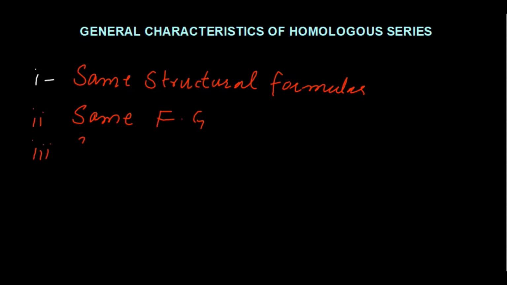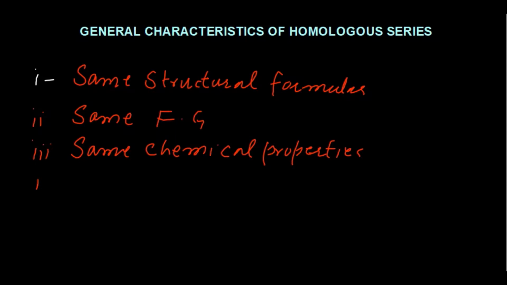The third important characteristic: they have the same chemical properties due to the presence of the same functional group. Students, why are their chemical properties the same? Because they contain the same functional group.